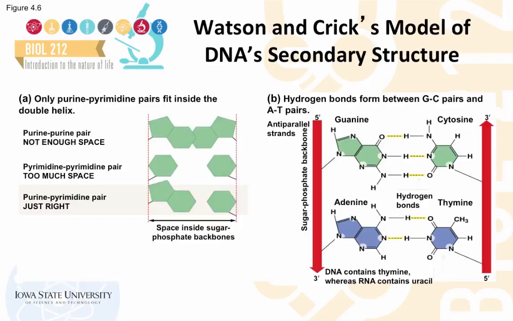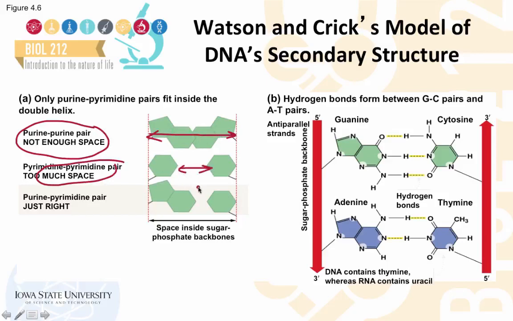Using this information, James Watson and Francis Crick started building physical models of DNA. They tried adding a purine-purine base pair and found that there wasn't enough space given the width of DNA. They tried a pyrimidine-pyrimidine pair, which turned out to result in too much space between the nitrogenous bases on opposite strands.